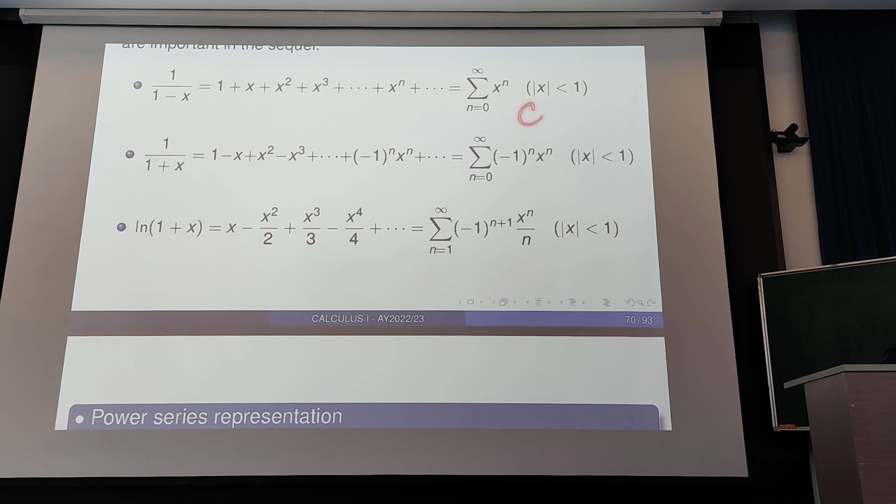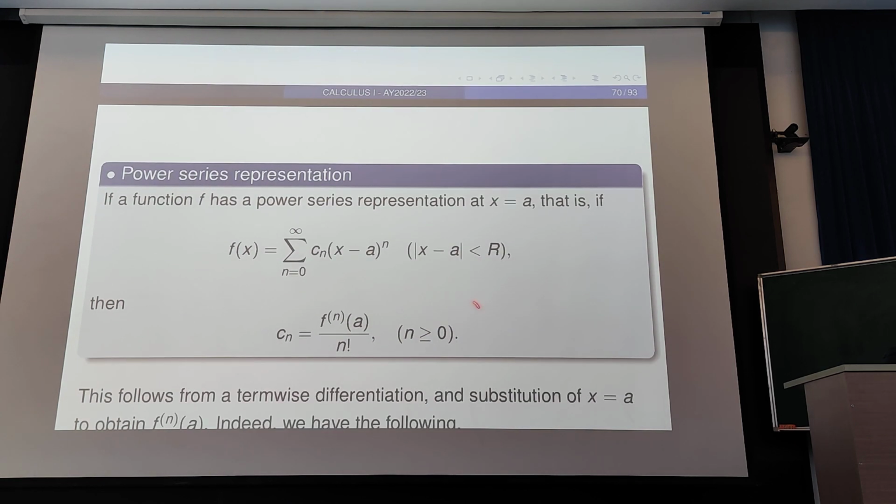And Cn is equal to 1 for every n, right? For the second power series, C0 is 1, C1 is minus 1, and C2 is 1. You can try to calculate the n-th derivative of this function to verify this formula.